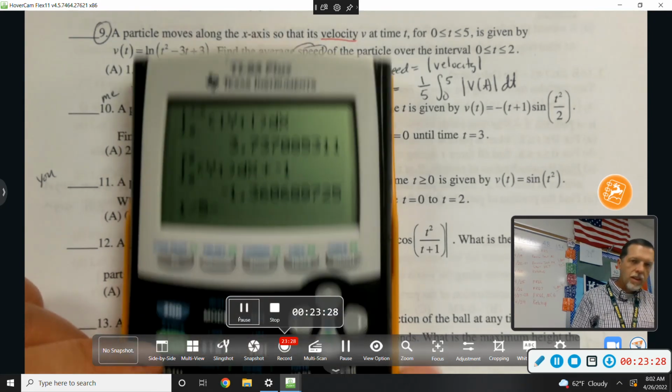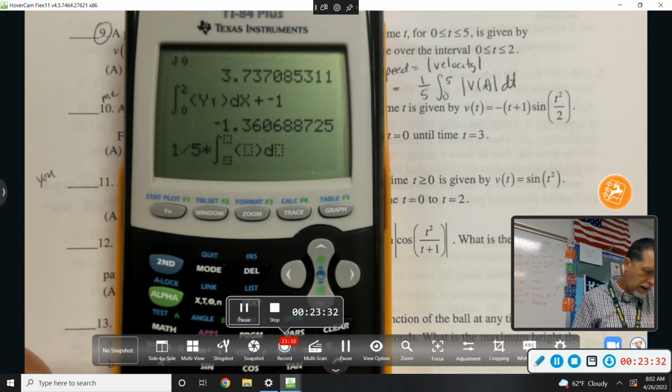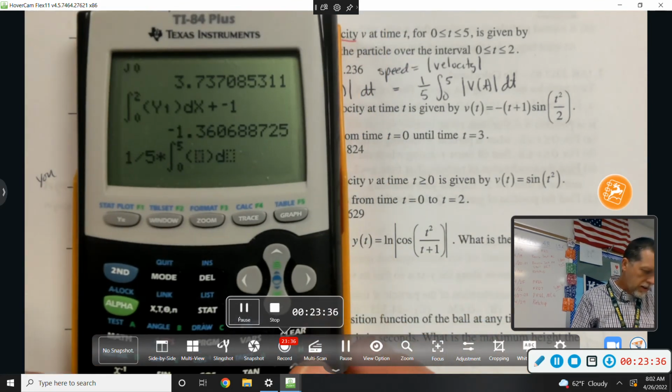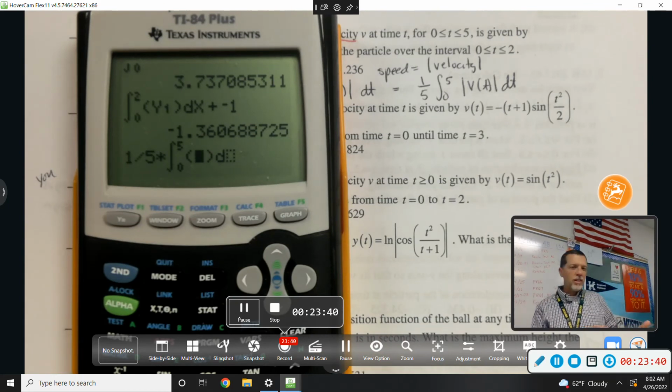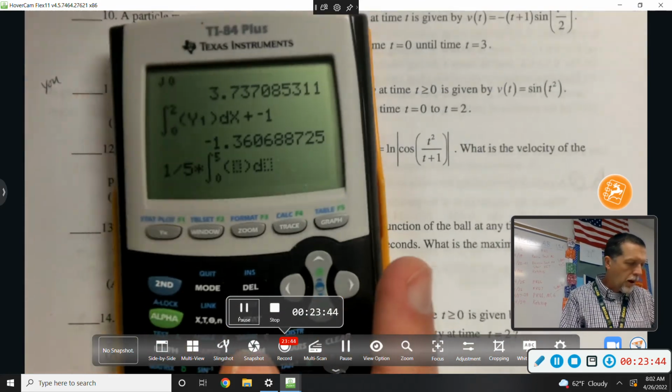1/5, Math 9, 0 to 5. Since there's not a lot of problems with this one, I'm going to straight type it in rather than using the y1, although you certainly could use y1.